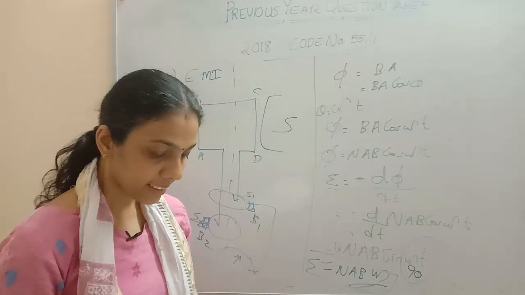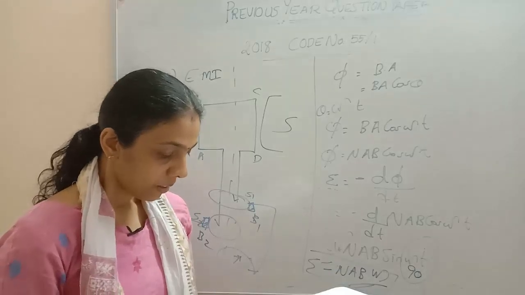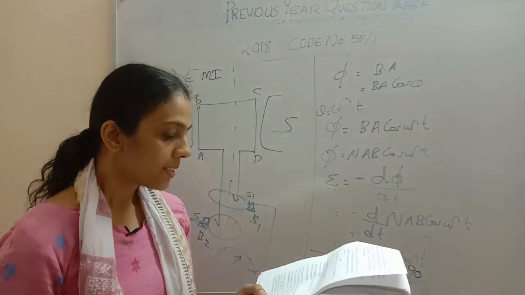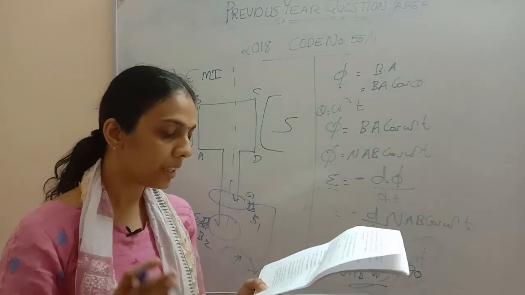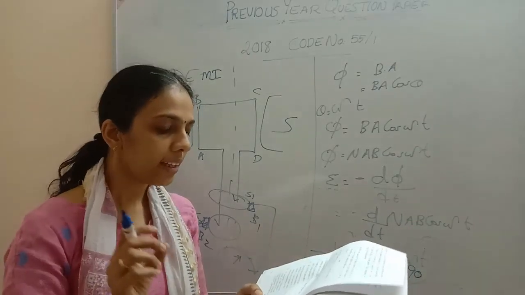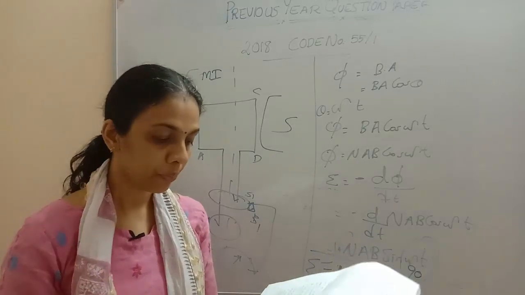Okay, then next it is given: an aeroplane is flying horizontally from west to east with a velocity of 900 km per hour.